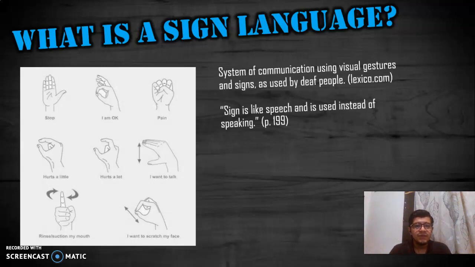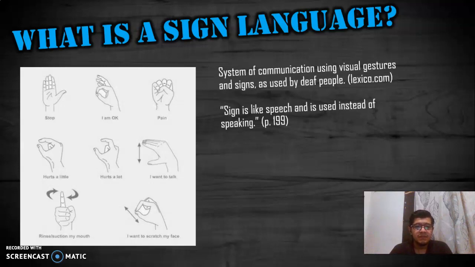For example, when we do this or when we do this, we are expressing something, but they are simple gestures.